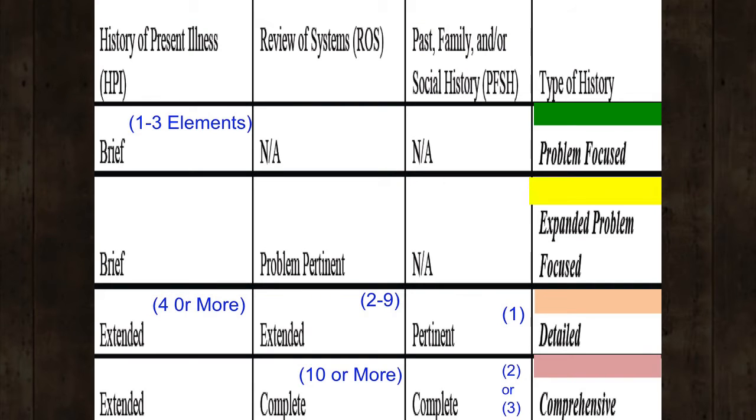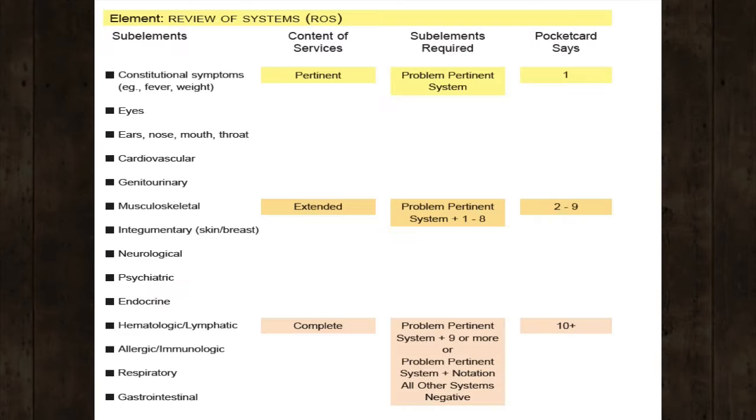There we are, again showing the colors and what each one is. And for review of systems, remember we had problem, pertinent, extended, and complete: 1, 2 to 9, 10 or more. And here's what you see on the wall chart. Pertinent, 1, extended, 2 to 9, complete, 10 or more.